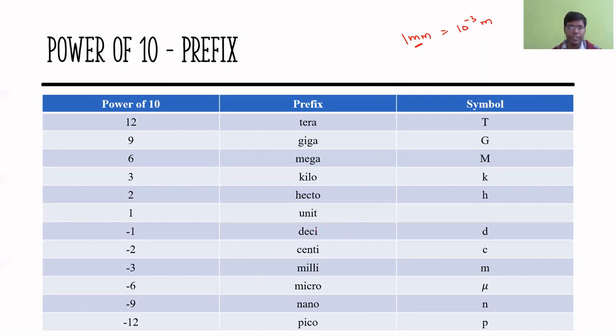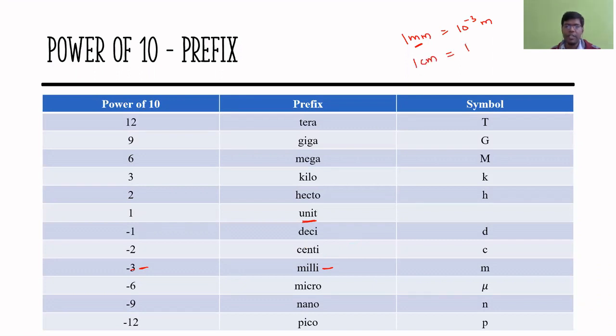Likewise, here this is the general unit, that is 1. And if I have the prefix milli, then the power of 10 is minus 3. Suppose instead of millimeter I have 1 centimeter.